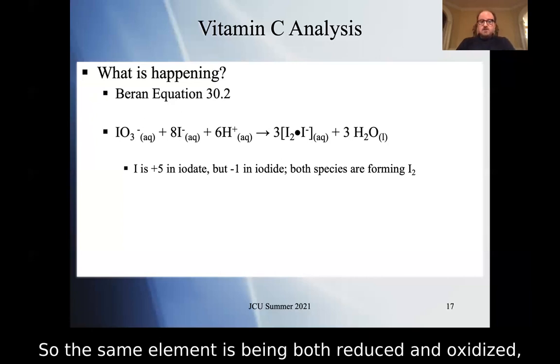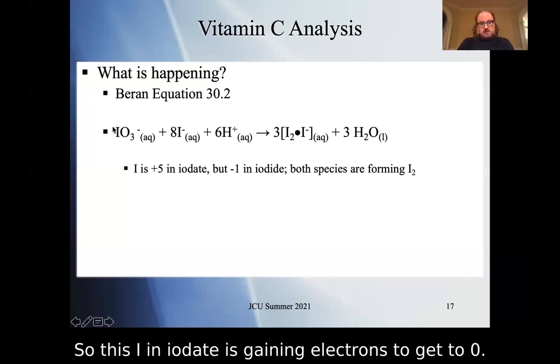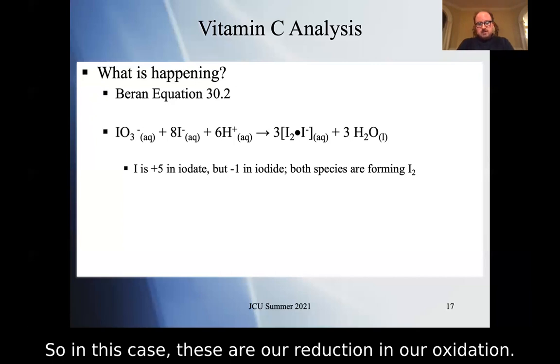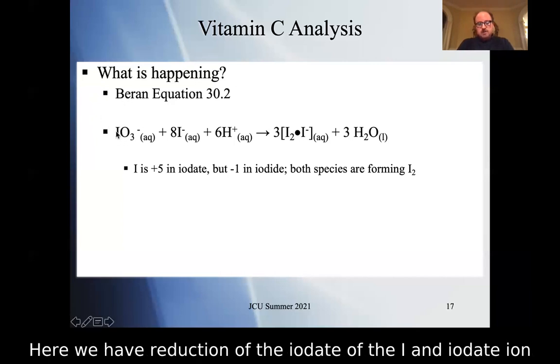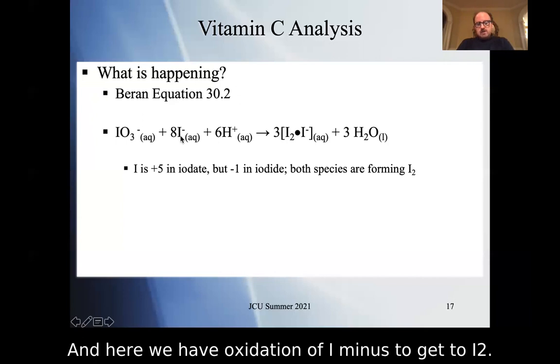So the same element is being both reduced and oxidized, just depending on the source. So this I in iodate is gaining electrons to get to 0. It's being reduced. I minus is losing electrons to become I2. So in this case, these are our reduction and our oxidation. Here we have reduction of the iodate, the I in iodate ion to get to I2. And here we have oxidation of I minus to get to I2.